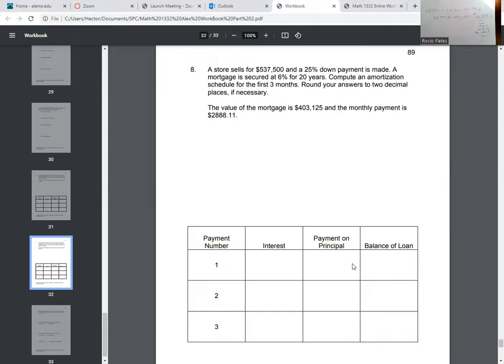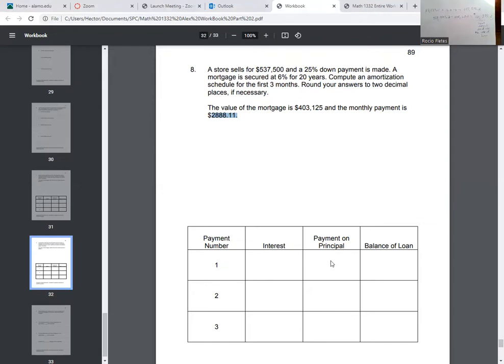An amortization schedule is basically a breakdown of, say, if I prepare an amortization schedule of the first 3 months, it's a breakdown of this payment here, 2,888.11. That payment is split into 2 parts: how much will go towards interest and how much is going to go toward the principal.